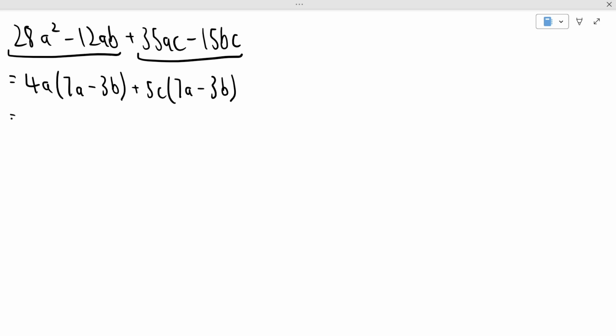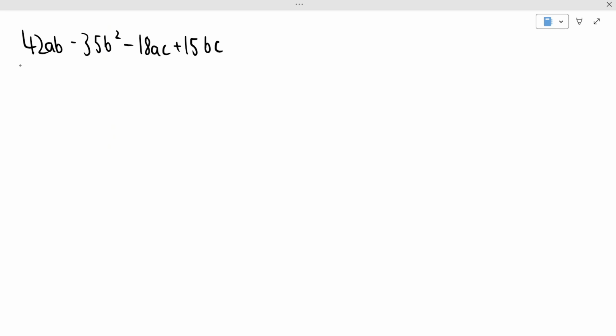So we'll take that out from both terms. And if we take away a 7a minus 3b from our first term, we're left with a 4a. And if we factor out a 7a minus 3b from our second term, we're left with a plus 5c. And this is our final factored expression.